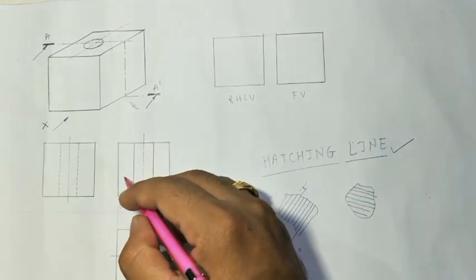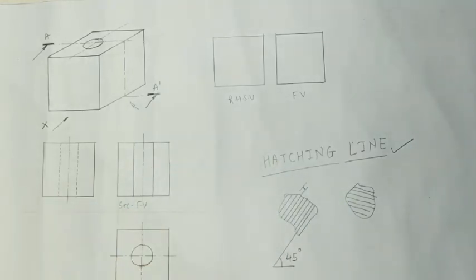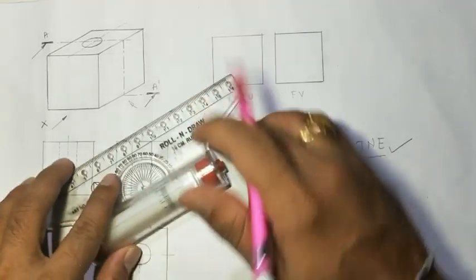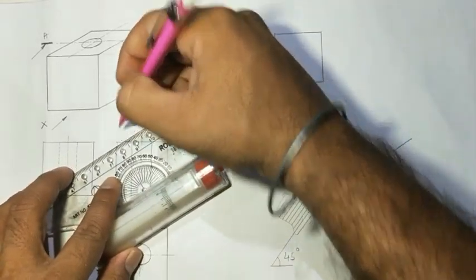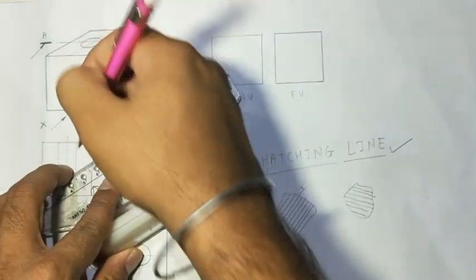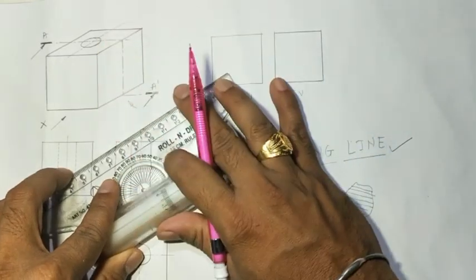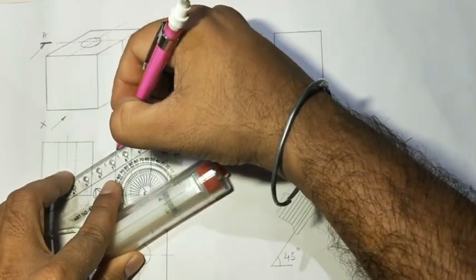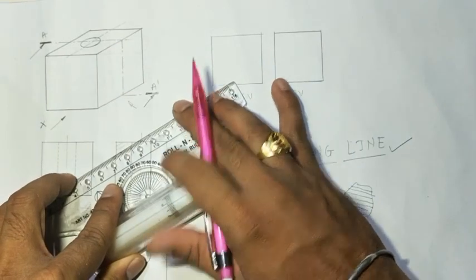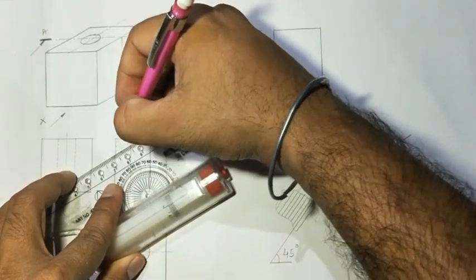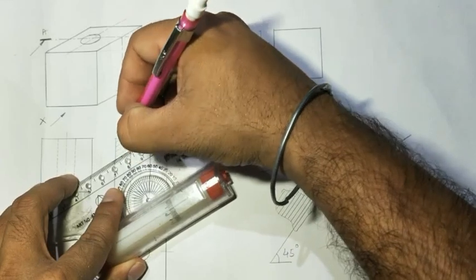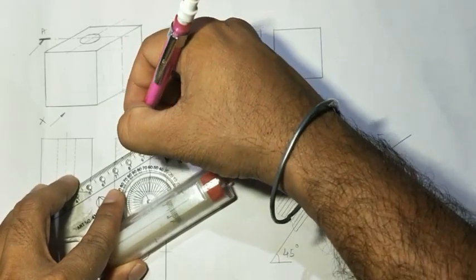So only these two surfaces will make contact with the knife, meaning the cutting plane. So these two surfaces we will represent with the hatching. You have to measure the angle of 45°. I am drawing here randomly, but actually the angle must be 45° with a spacing of around 2 to 3 mm, and the spacing must be consistent throughout your surface.